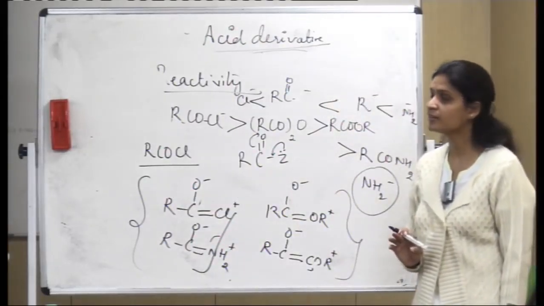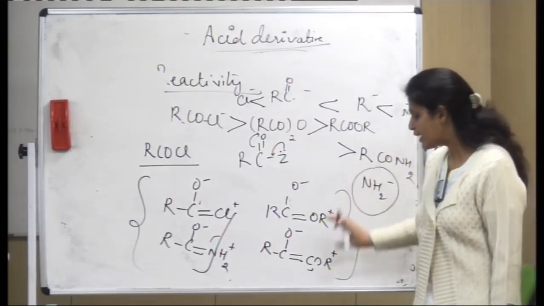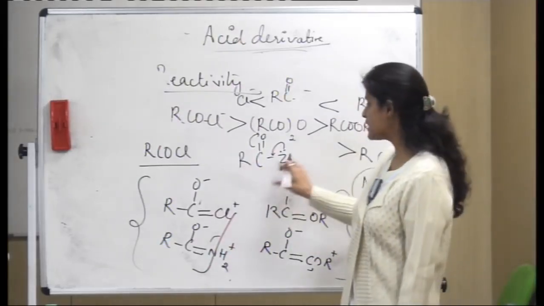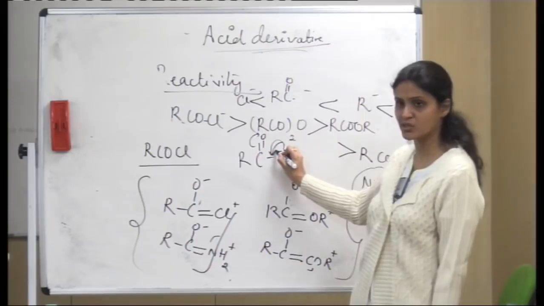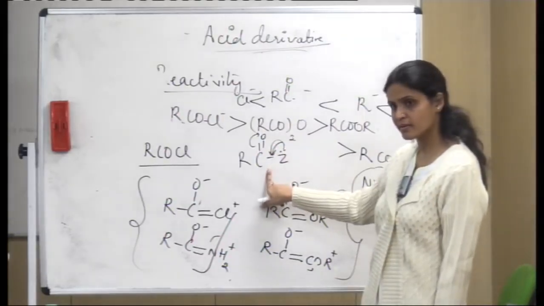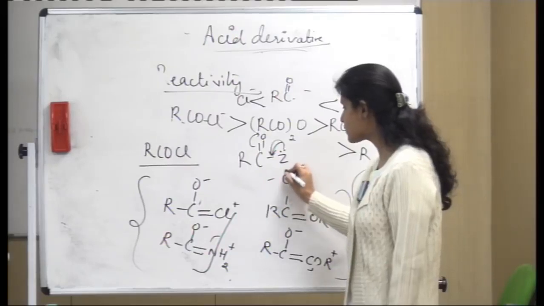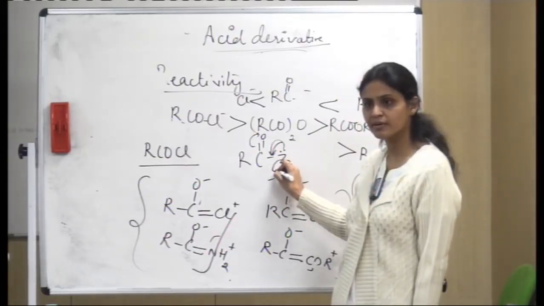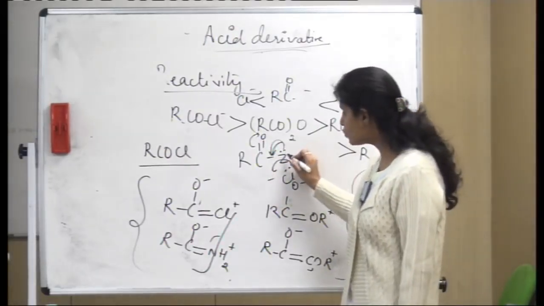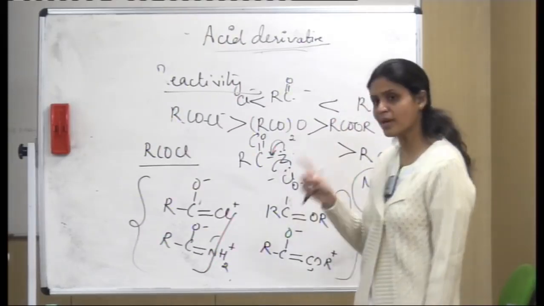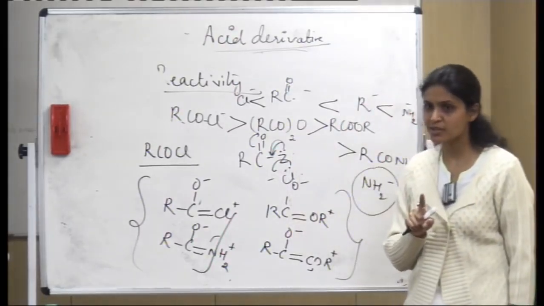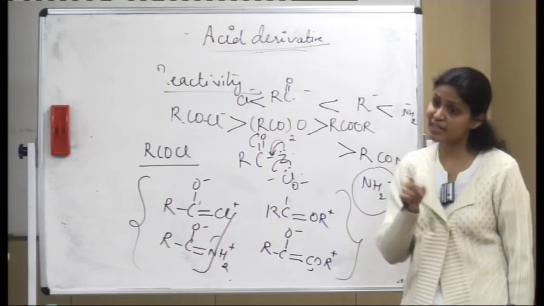Understood? I know that amino group can easily donate a pair of electrons to this bond, and if I compare the chloro group, can chloro group easily give this pair of electrons to this double bond? So compared to this amino and chloro group, amino group can easily donate an electron, and hence it can easily form the resonance structure.